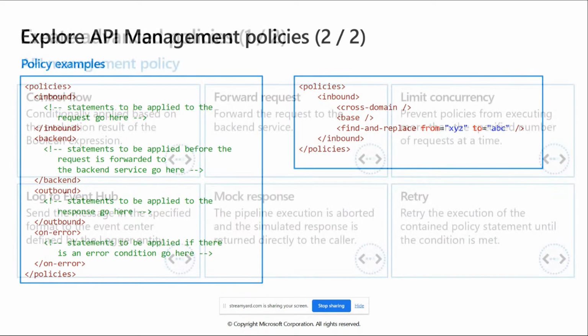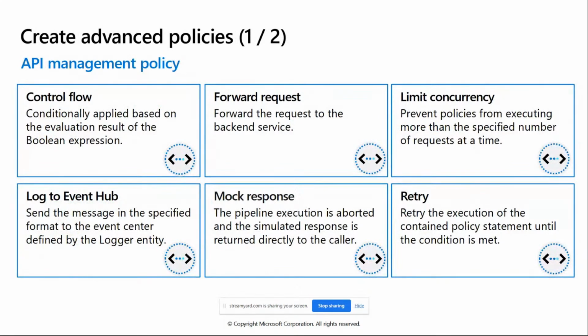And how the API management policy is done is, we will have something called control flow, forward request, limit concurrency, and the events will be logged into the event hub.